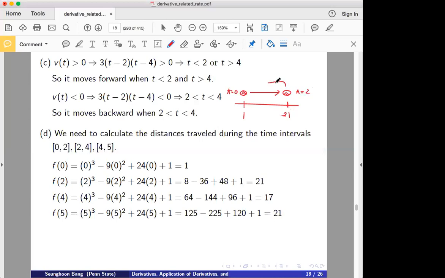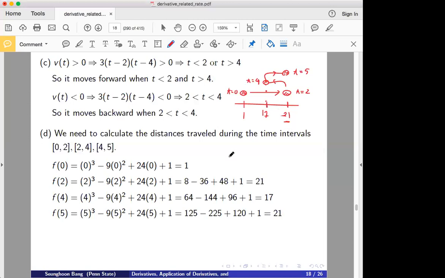Moving backward, here is time t equals 4, so we have 17. Moving forward again, this one is time t equals 5, at the same position, 21.